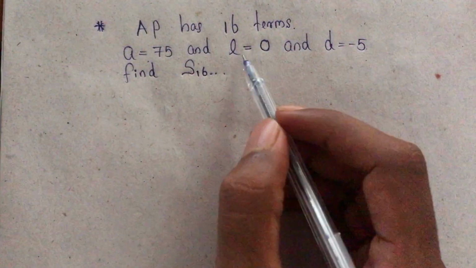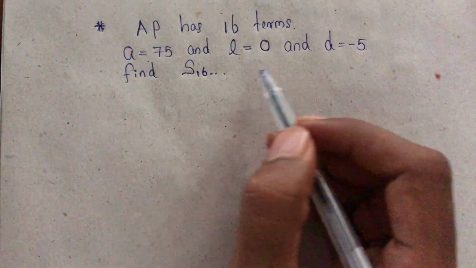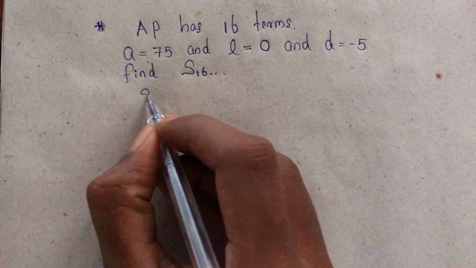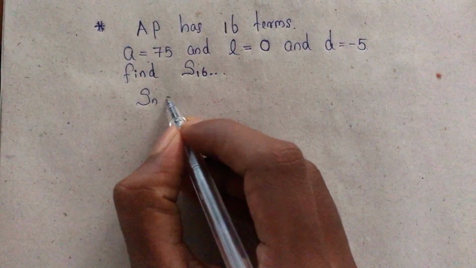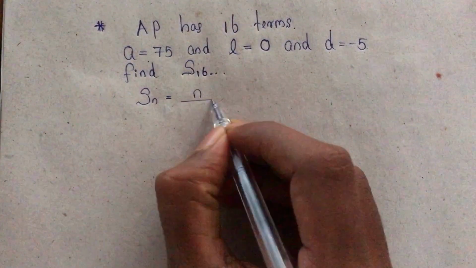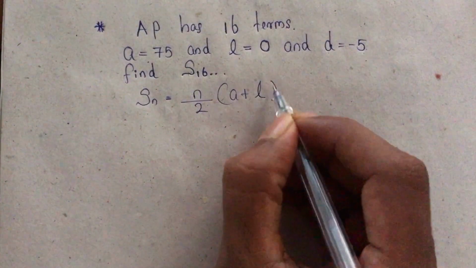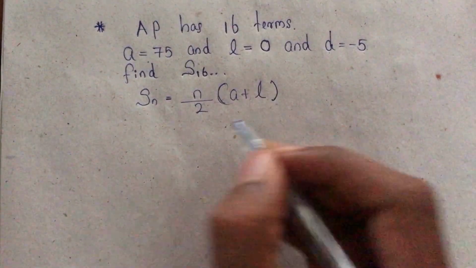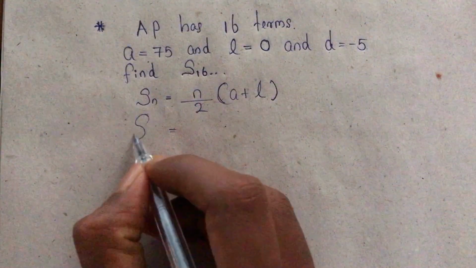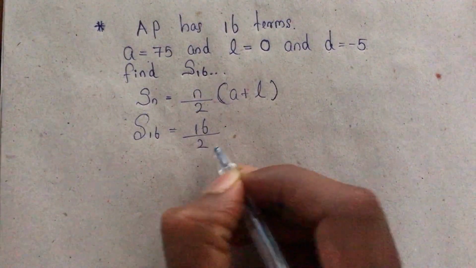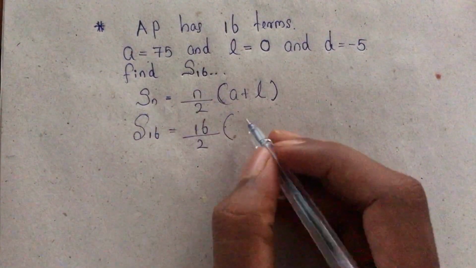In this example, the first term is given, the last term is also given, and the common difference is minus 5. Then you need to find S16, which means the sum of the first 16 terms. We can use the formula n over 2 times (a + l) because you know the last term.